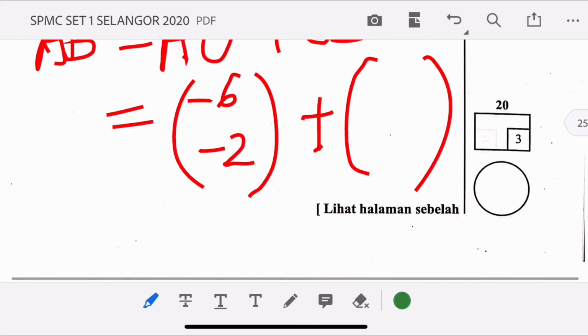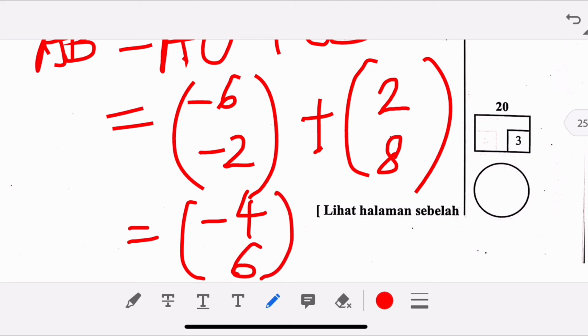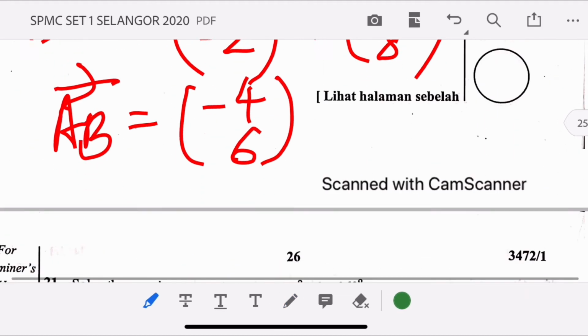You can convert to vector like this. So you get back the same negative 4 and 6 for vector AB, right? This is using the triangle law.